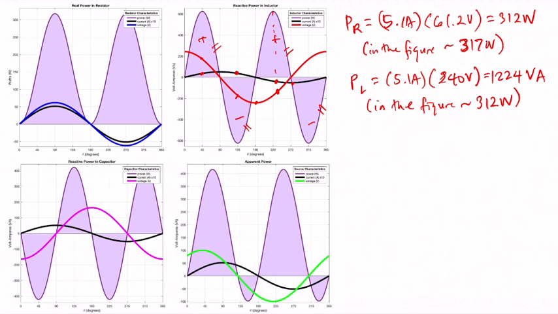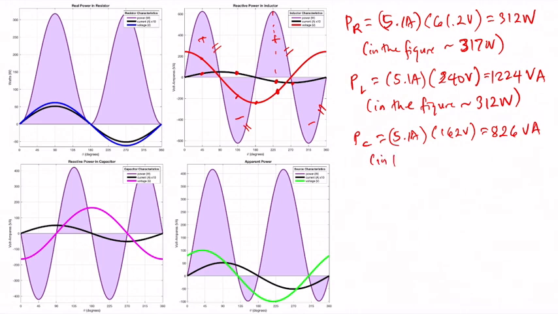Okay, what about the lower left figure? The lower left figure shows the capacitor. So again, we can obtain the power in the capacitor based on the values we've computed before. This is equal to 826 volt amperes.